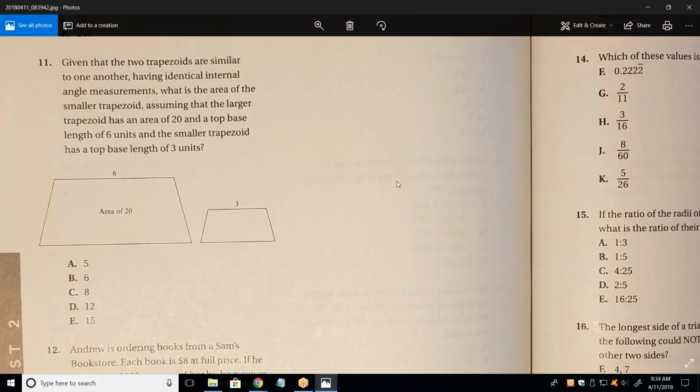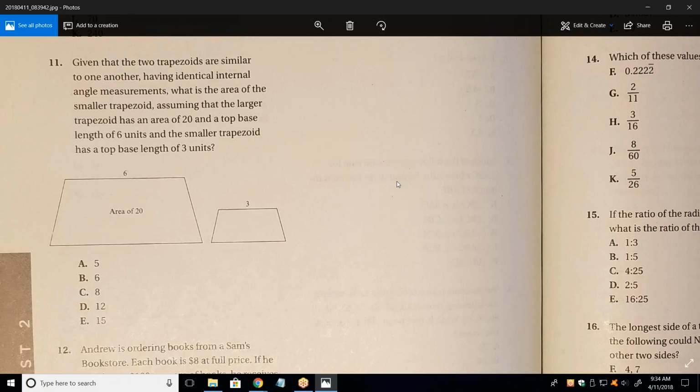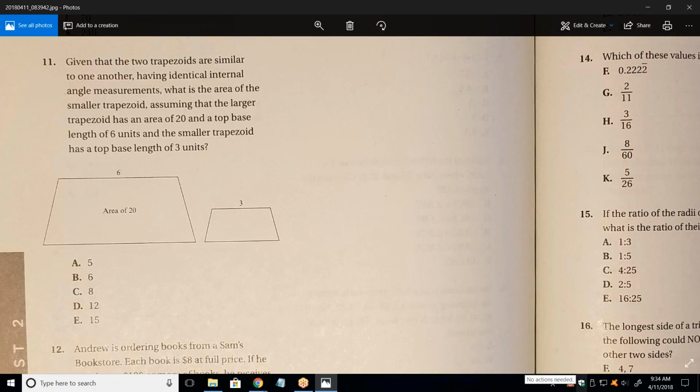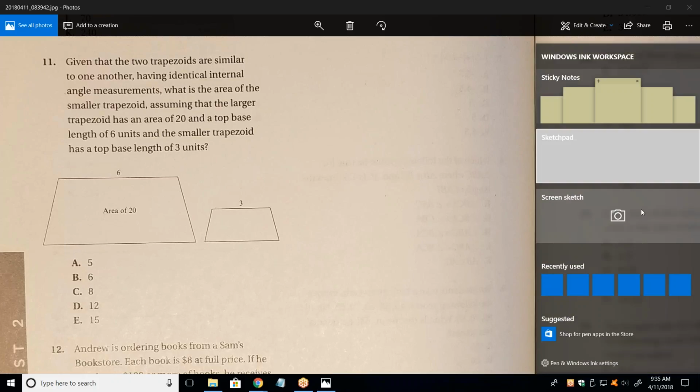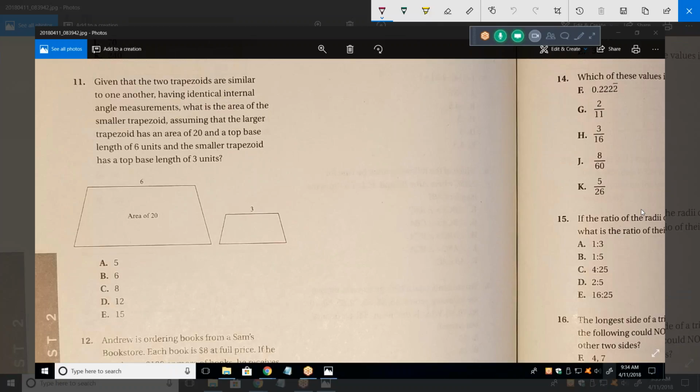Similar trapezoids. Another thing that I don't practice myself, but I really think it's key when you see a problem is to underline the key statements. The key statement being they're similar. If you don't happen to pick that up the first time you read it, you may not notice it.